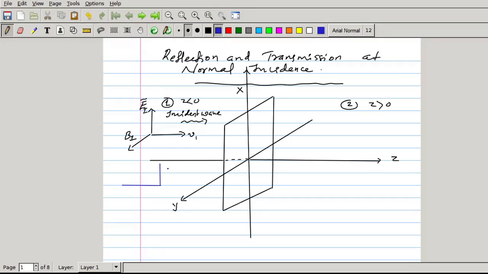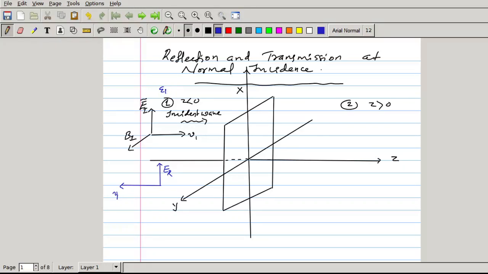This is the velocity of the reflected wave. Since it is traveling through the same medium, its velocity magnitude will be v1, as the medium remains the same.